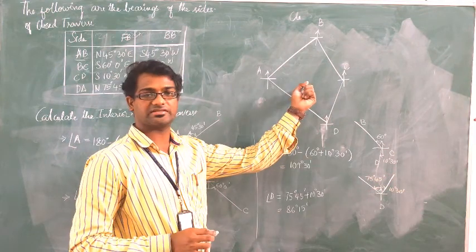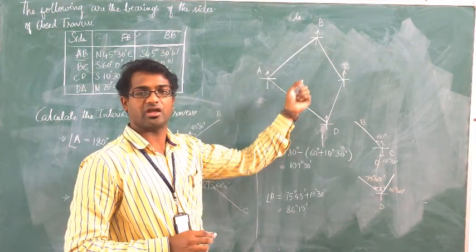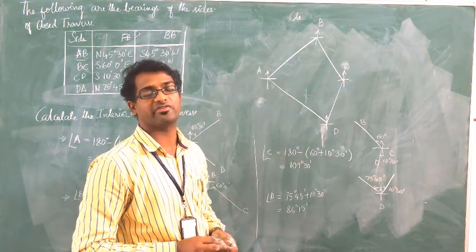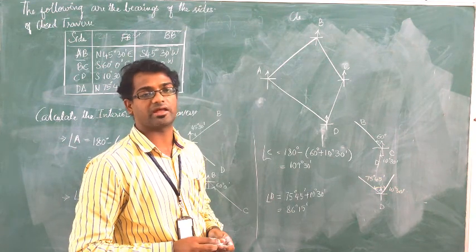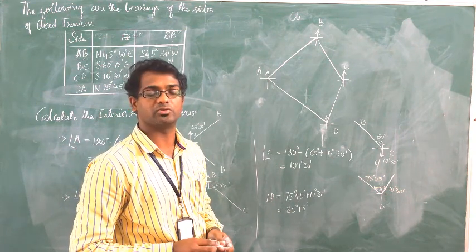Now this is a closed figure. We have to check the sum of interior angles, which is 2n minus 4 into 90.